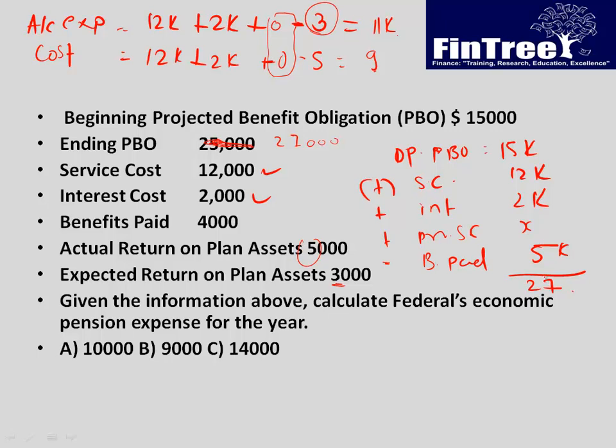That means prior service cost is 2,000. Then in that case, we would be required to fill in this 2,000 here to find out the true economic pension cost. Are we clear?